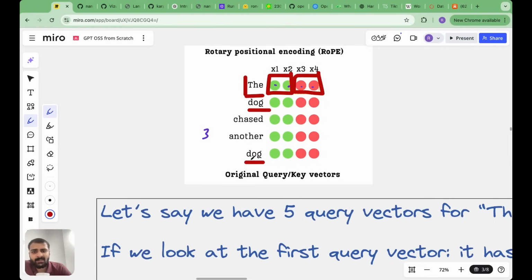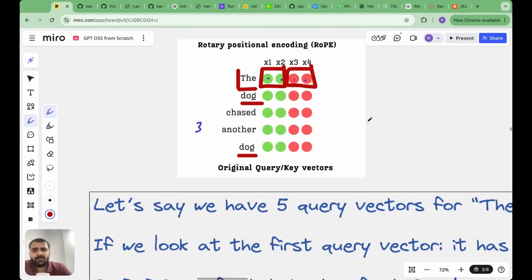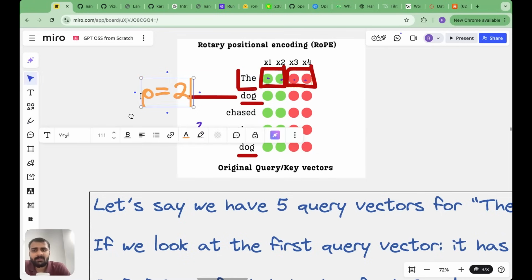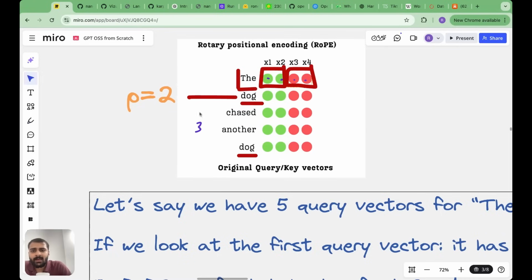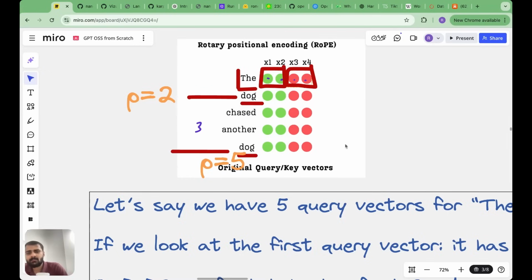For this dog and this dog, the rotation amount will definitely be different because p differs. This first dog comes at position number 2, so this comes at p equal to 2. And this dog comes at p equal to 5. So that's why the angle with which these two vectors will be rotated will be different for sure.